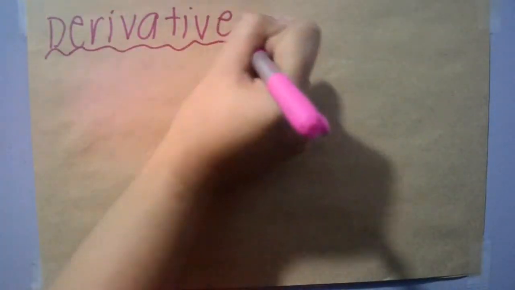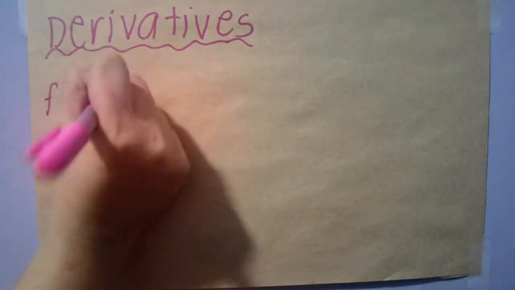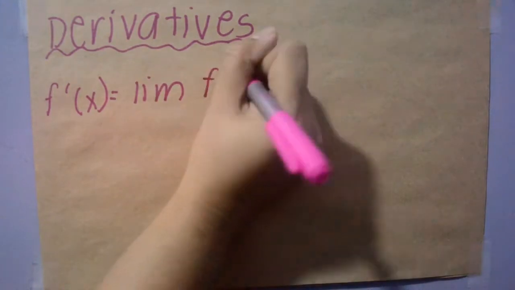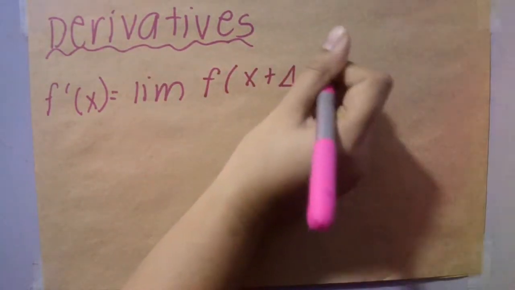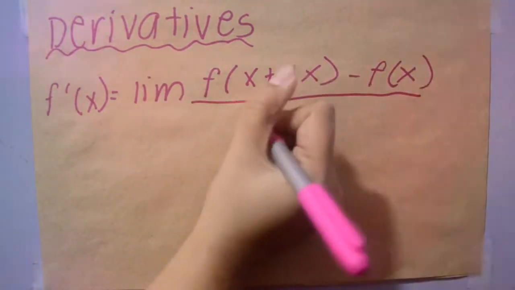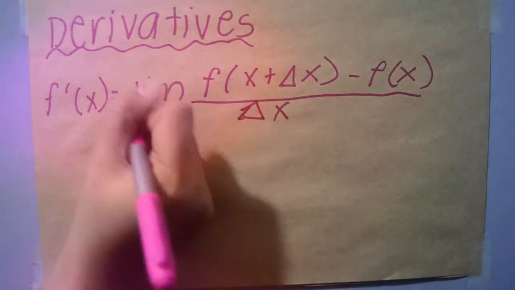Let's move on to derivatives. So, to get a derivative of a certain equation, you will need this formula. So, f prime of x is equal to the limit of f of x plus change of x minus f of x all over change of x as change of x approaches 0.